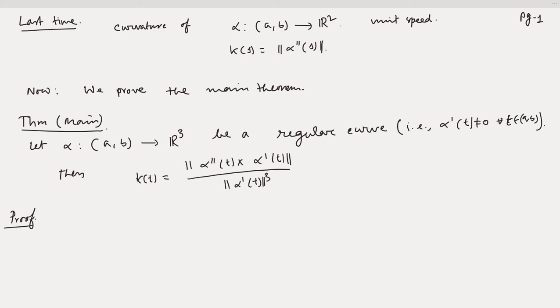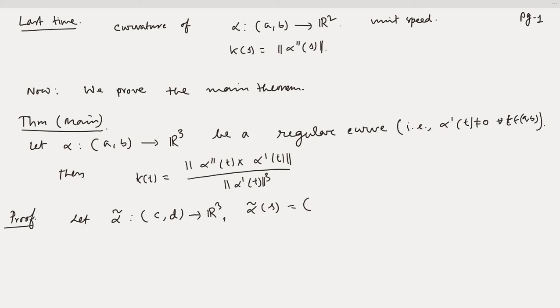We know it is a fact that alpha admits a unit speed reparameterization. So let alpha tilde, from some open interval (c, d) to R3, where alpha tilde of s equals (alpha 1 tilde of s, alpha 2 tilde of s, alpha 3 tilde of s). For a unit speed curve we use the parameter s.